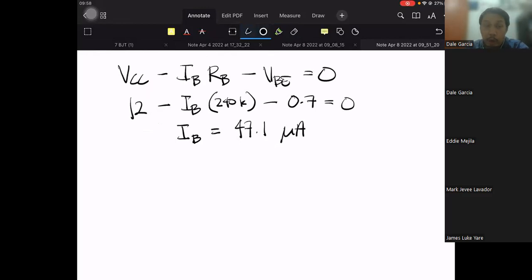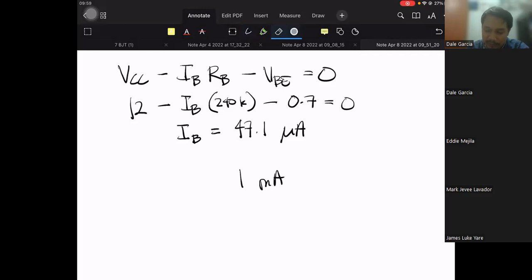So it's common to encounter IB, the base current, in the microampere range. If you get a one-digit IB in the milliampere range, for example 1 milliampere, we can start to doubt the answer, so let's check our solutions again.